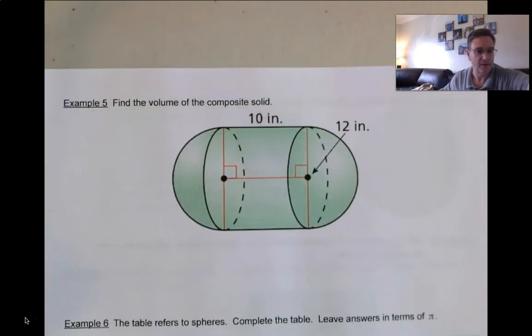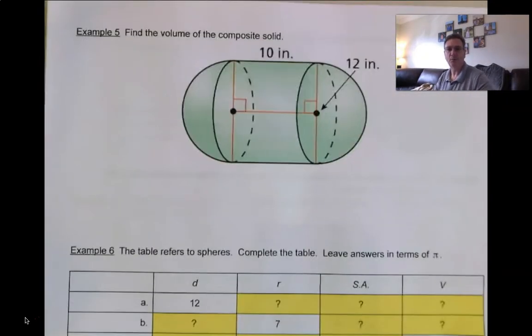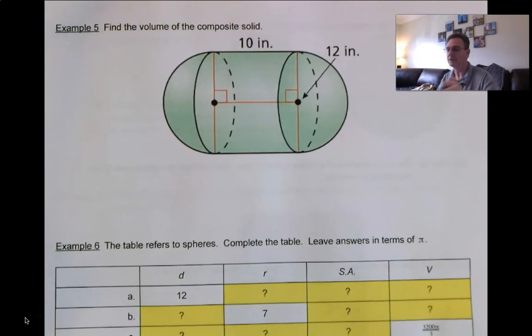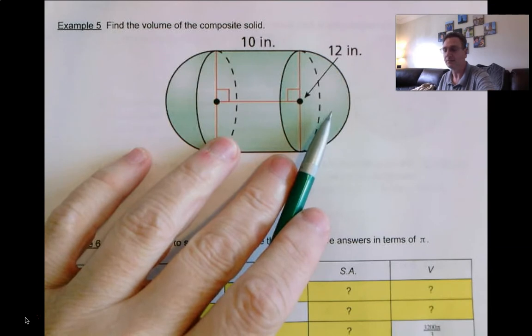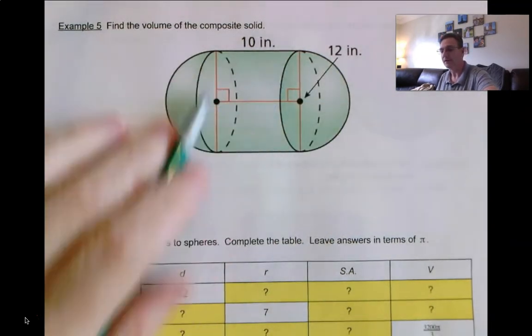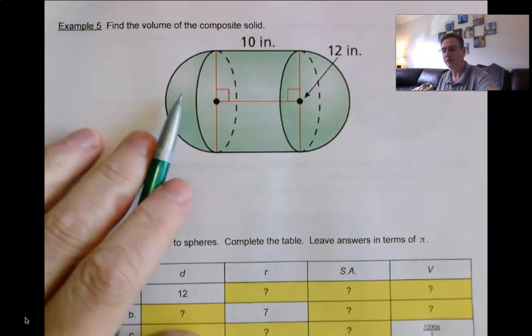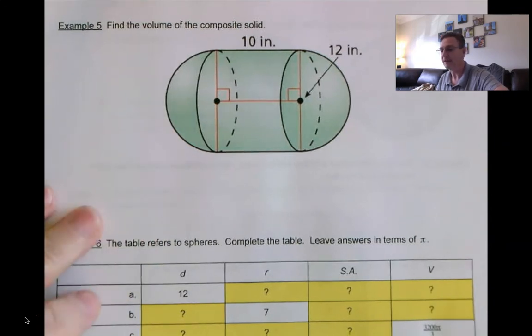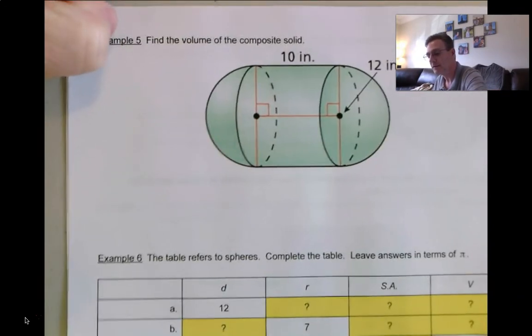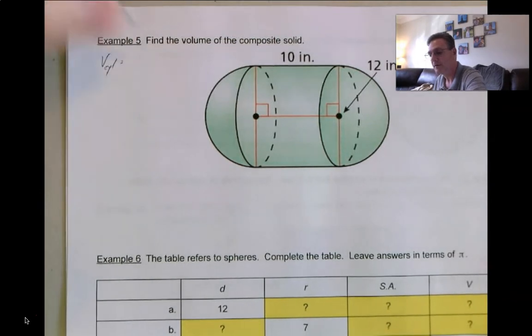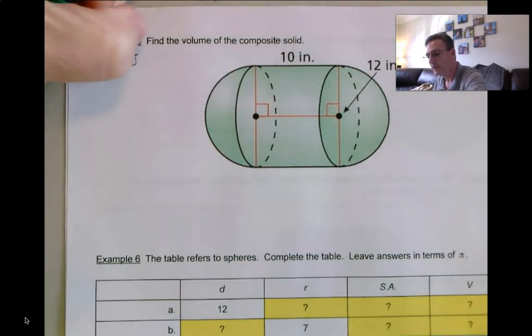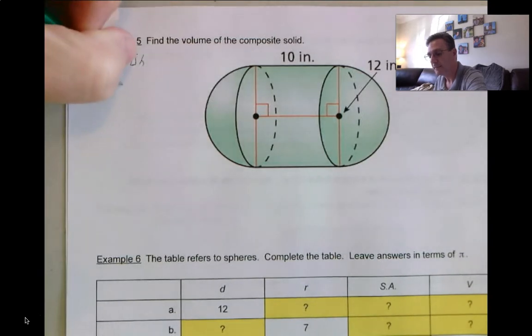Example 5. Find the volume of the composite solid. This is a cylinder with 2 hemispheres on either end, making a full sphere. So I have to find the volume of the cylinder and the volume of the sphere, and add them together. So let's do the volume of the cylinder. Volume of the cylinder is equal to area of the base times the height.